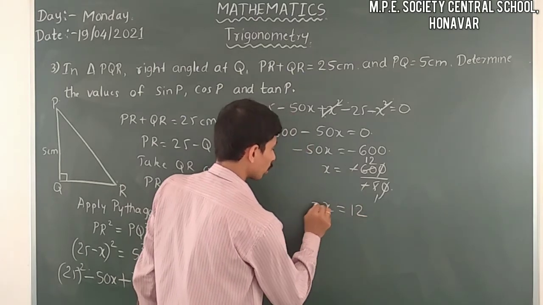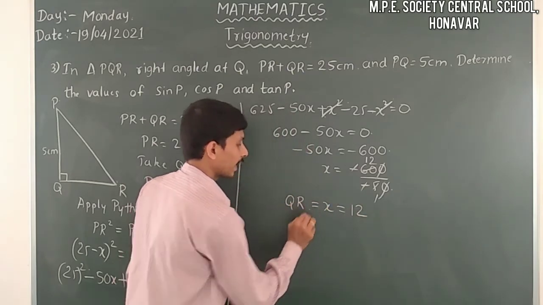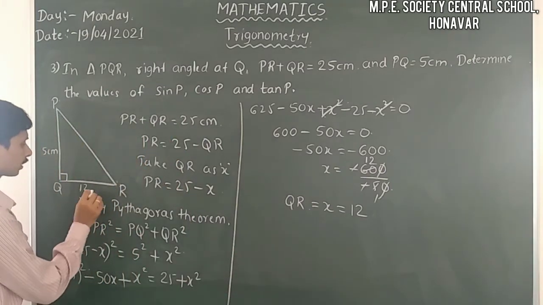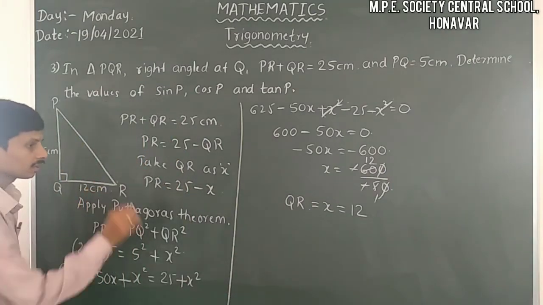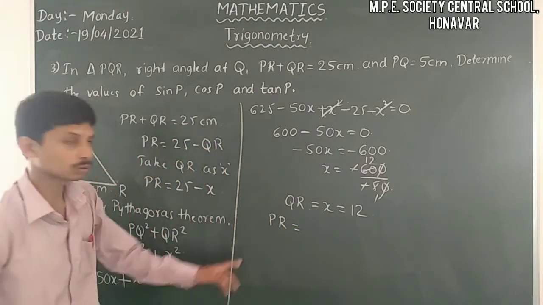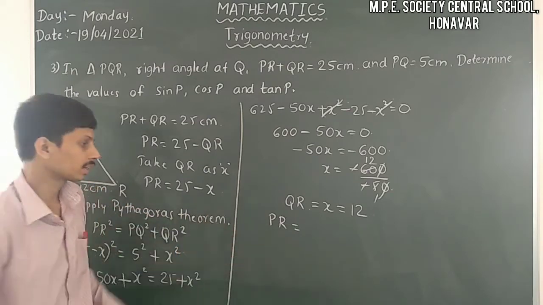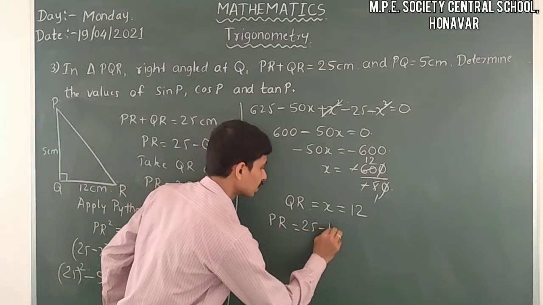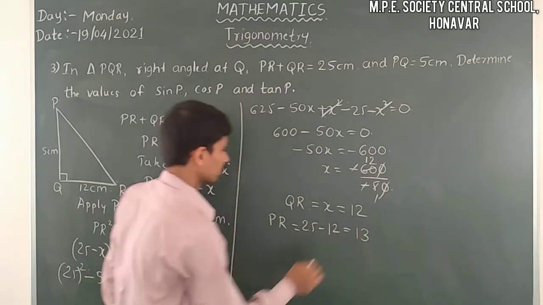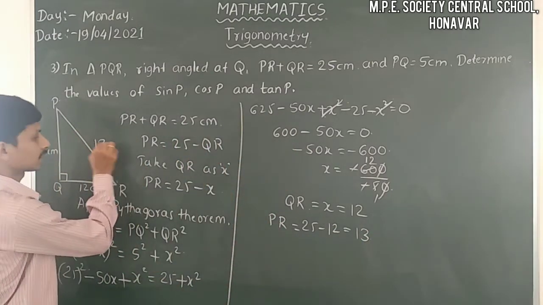So x is equal to 12 means QR is equal to 12 centimeter. Then find the value of PR. PR is 25 minus x, already we know, 25 minus 12. So 25 minus 12 means it is 30. So the value of PR is 30.